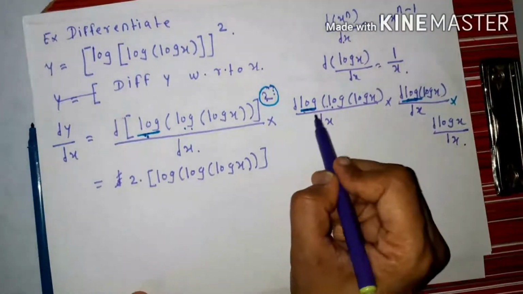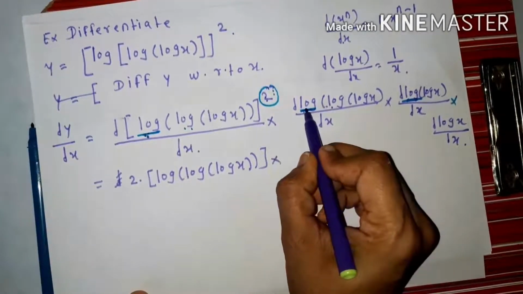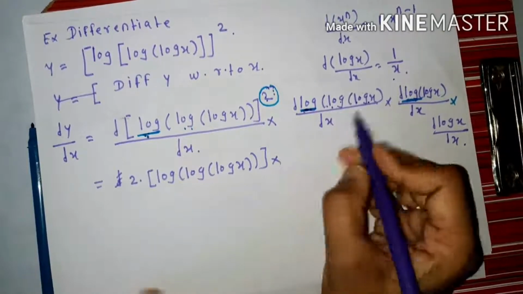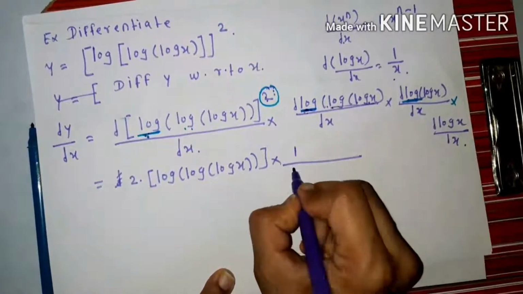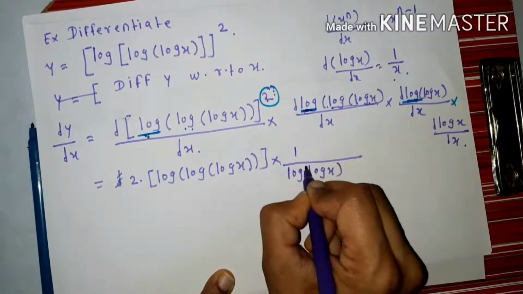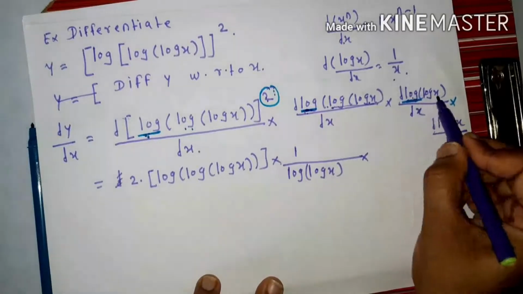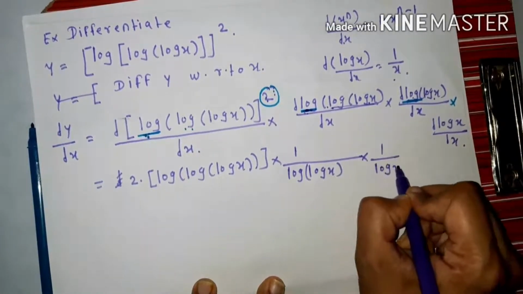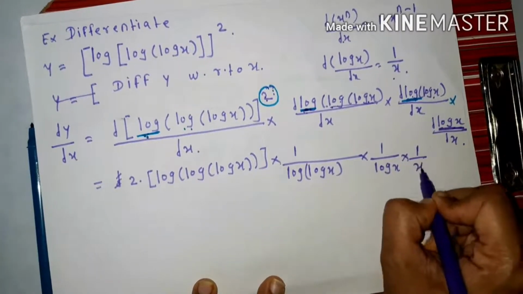So by using the rule we have to differentiate. Into differentiation of this log of x is 1 upon x, and log of x means this is 1 upon this log of x. Into, now differentiation of this log of x is 1 upon log x, and into differentiation of this log x is 1 upon x.